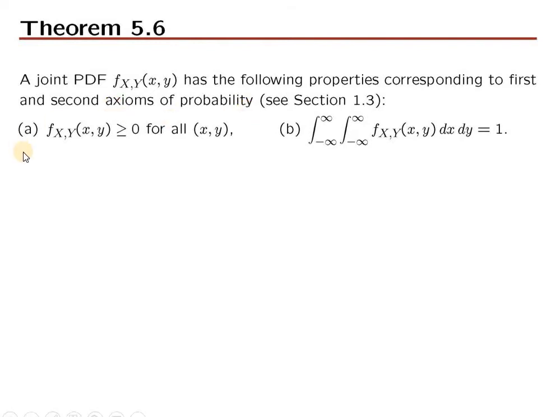If you remember, one axiom says that probability is always a non-negative number. Similarly, the PDF is a non-negative number. The second is that when you add up all the probabilities, it becomes equal to 1. So look here, in the same line, when you integrate the PDF from minus infinity to infinity, your result is 1.